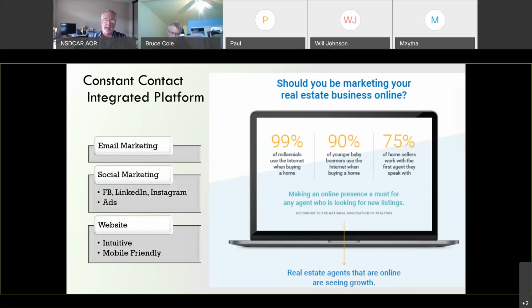Content that I'm moving out on email marketing is immediately available through my social marketing feeds, and that really is effortless. Constant Contact is also now providing websites, very basic three-page websites. But as you can see, they've started to realize how important it is that all of this integrates and works in conjunction with each other.